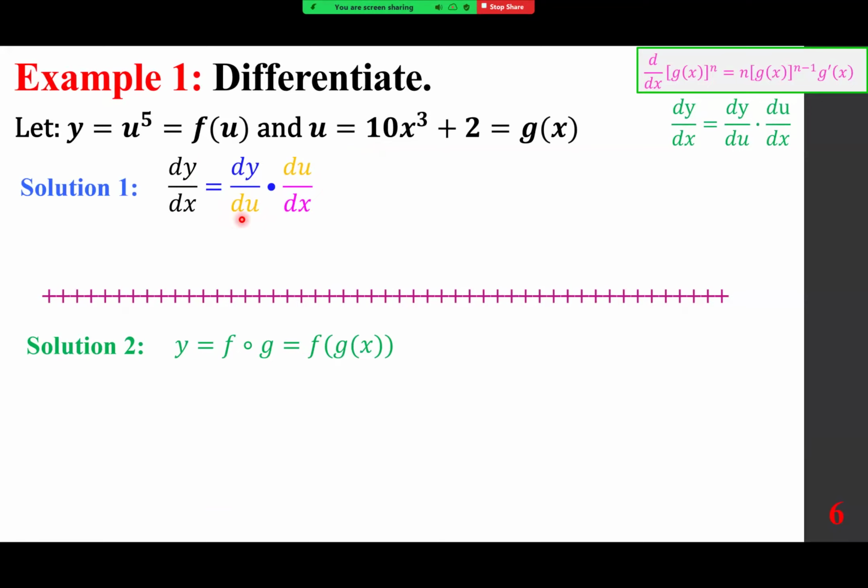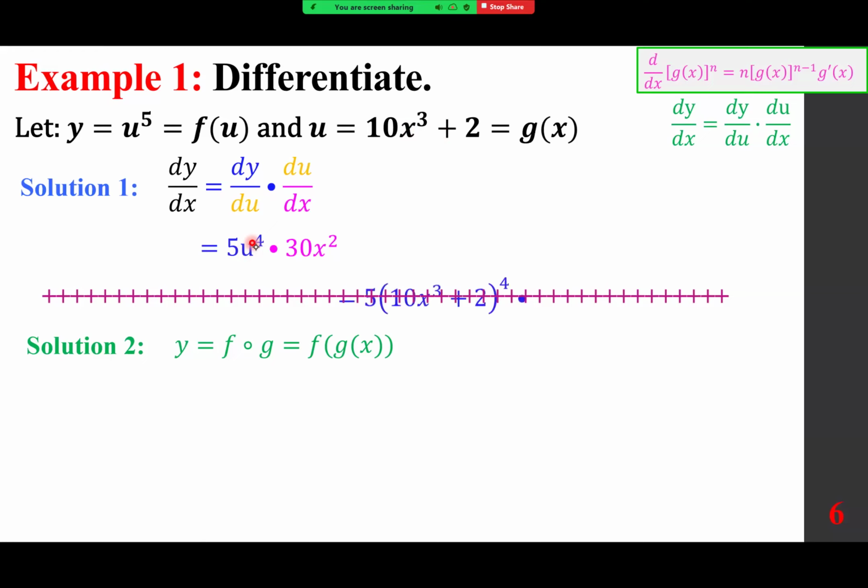So what is dy/du? You have to differentiate this with respect to u. So u is the independent variable, and it makes it 5u to the power of 4. du/dx, simply differentiate this with respect to x, which makes it 30x squared. And at the end of the story, as far as the calculus is concerned, we are going to replace the u with 10x cubed plus 2.